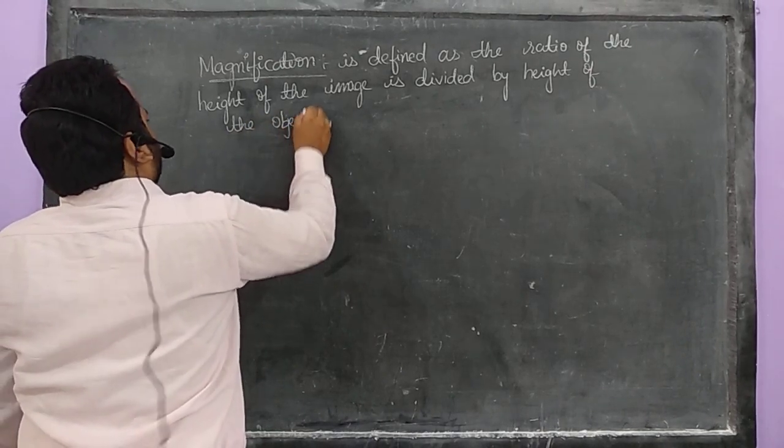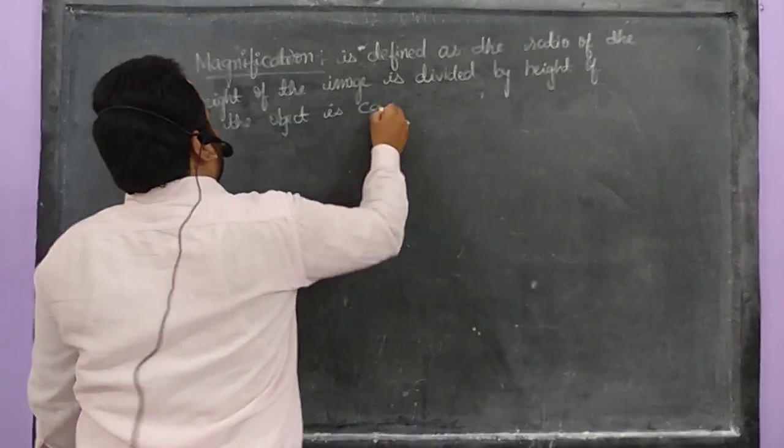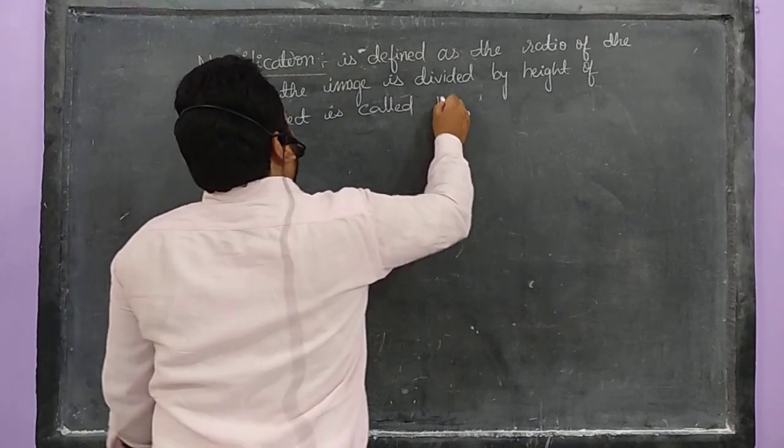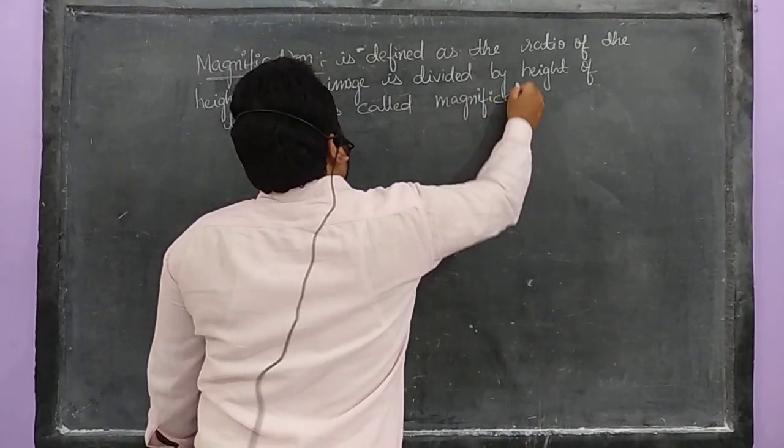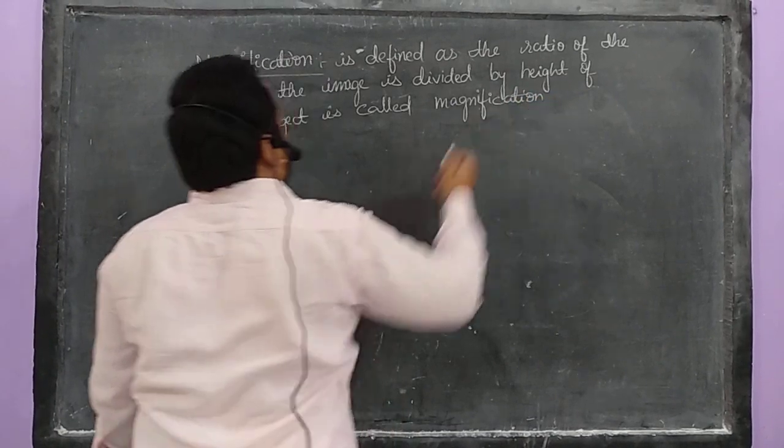This is nothing but magnification. Sometimes the definition comes for 1 mark. Just remember: height of the image divided by height of the object.